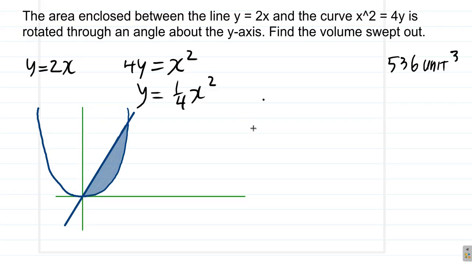Now we need to find out what is going on in terms of the intersections. Where do the curves intersect? There is an intersection at zero, but we need to find the value of x where they intersect again.